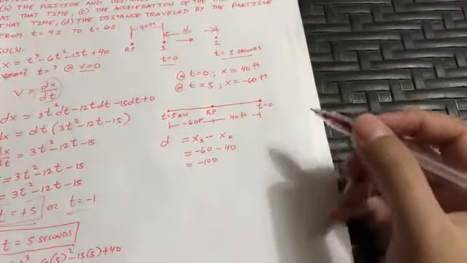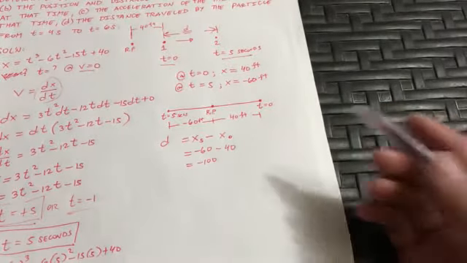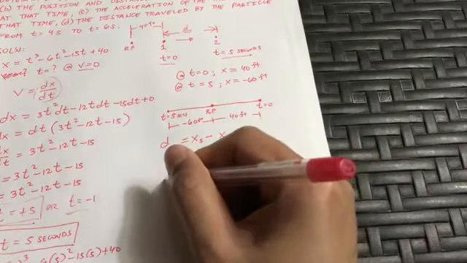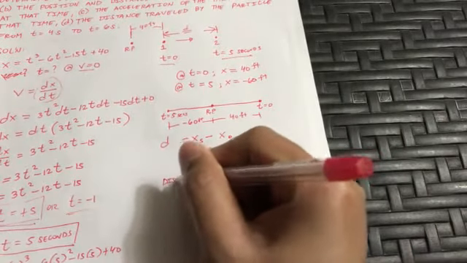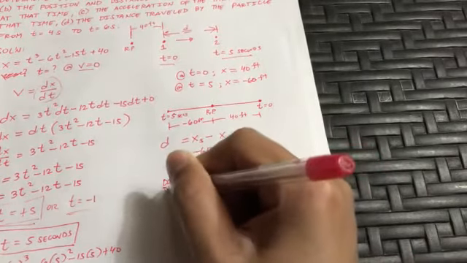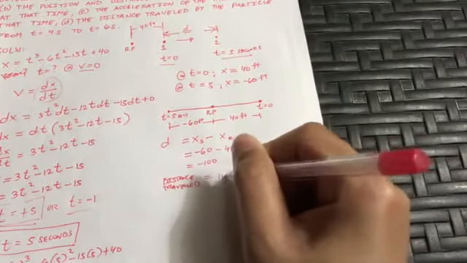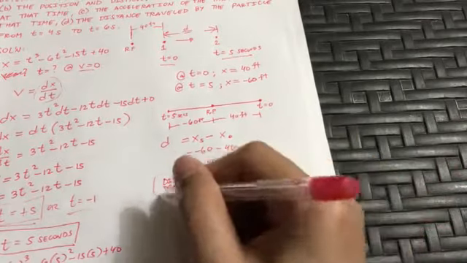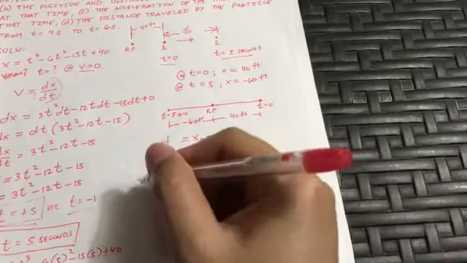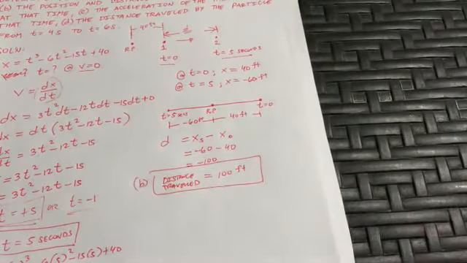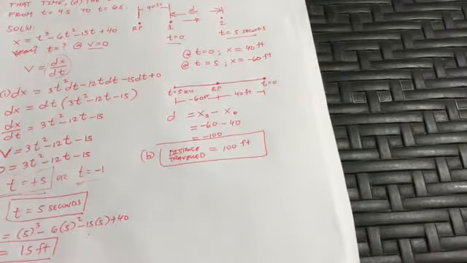But since we are looking for the distance traveled, it should be positive. So the distance traveled is equivalent to 100. We have now our letter B. The distance traveled is 100 feet.